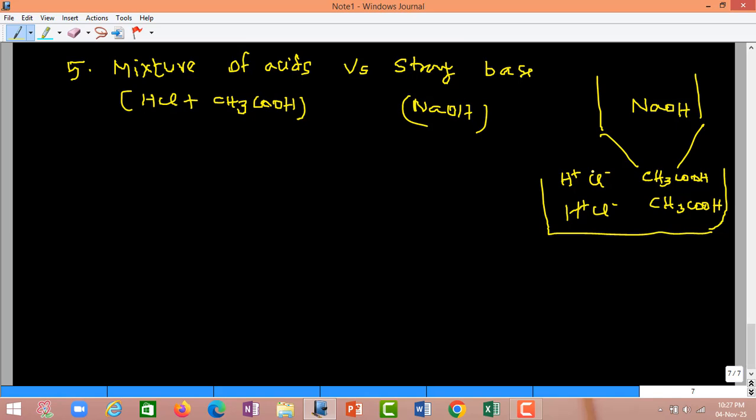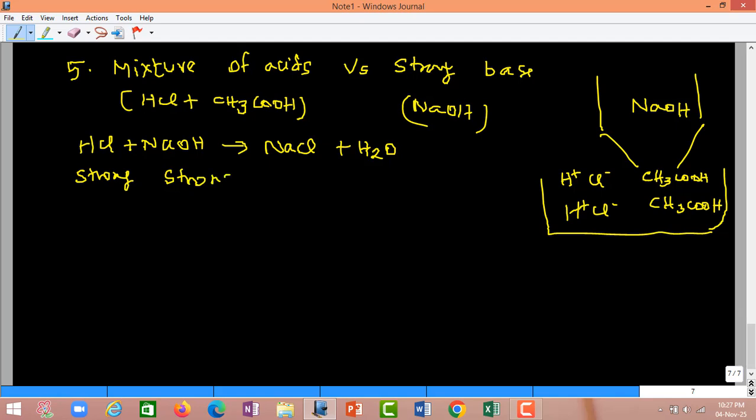Hydrochloric acid is a strong acid which completely dissociates and leads to more number of ions, and so the initial reaction will be between HCl and sodium hydroxide, resulting in the formation of sodium chloride. Hydrochloric acid is a strong acid, sodium hydroxide is a strong base, and sodium chloride is also strong.